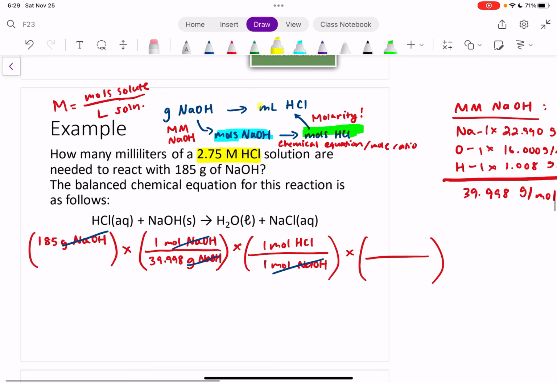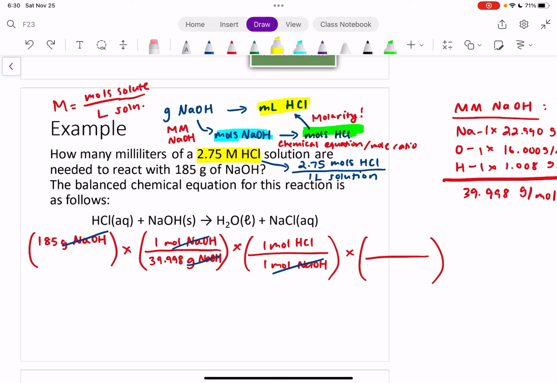So we know our molarity is 2.75 molar HCl. And remember, we can write that big M as moles per liter. So the conversion factor we can write from this is 2.75 moles of HCl, our solute, over 1 liter of solution, right? This, moles and liters, is molarity, that's the same thing.